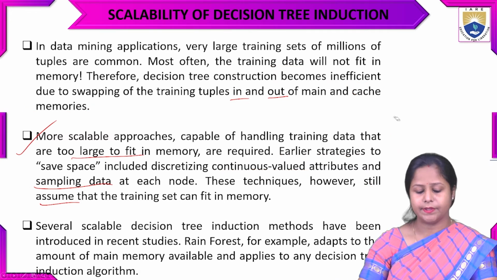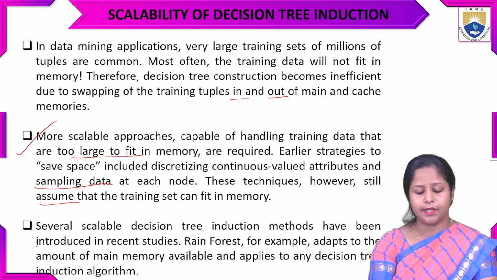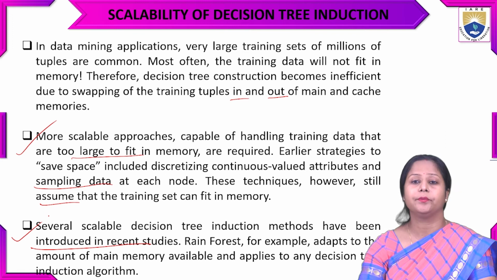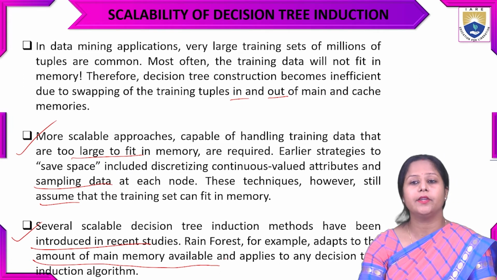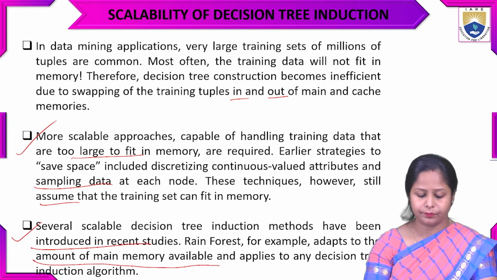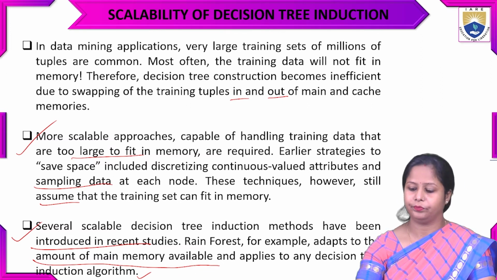Several scalable decision tree induction methods have been introduced in recent studies. RainForest, for example, adapts to the amount of main memory available and applies to any decision tree induction algorithm.